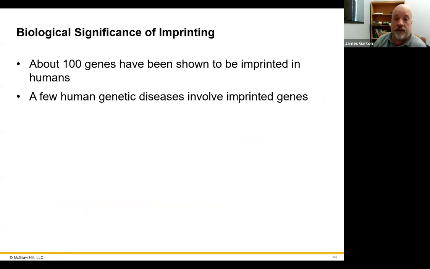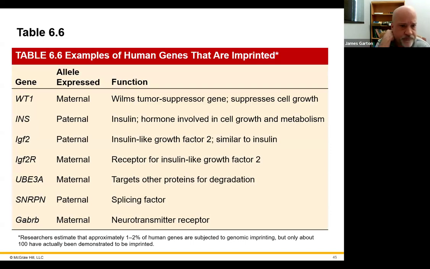The importance of it: a few genes have been shown to be imprinted in humans. 100 genes is not all that many. And so there are a few genetic diseases that we have traced back to imprinted genes. And here's a list of them. There's the gene name, and which parent the expressed allele comes from.